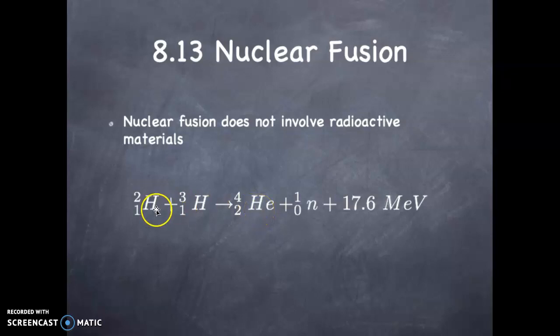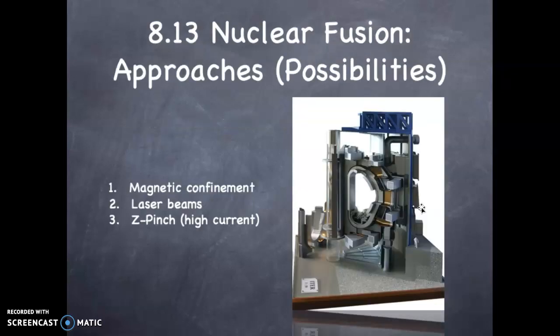So our sun makes helium from hydrogen with the liberation of 7.6 MeV of energy, a tremendous amount of energy. And these are processes that we are considering in order to build a fusion reactor on Earth.